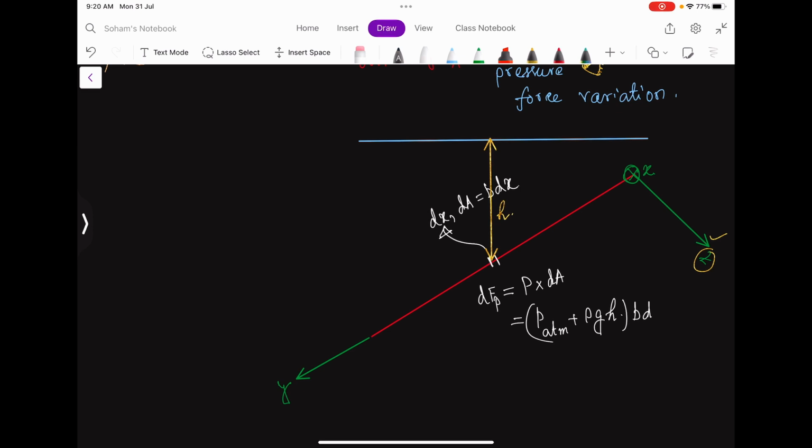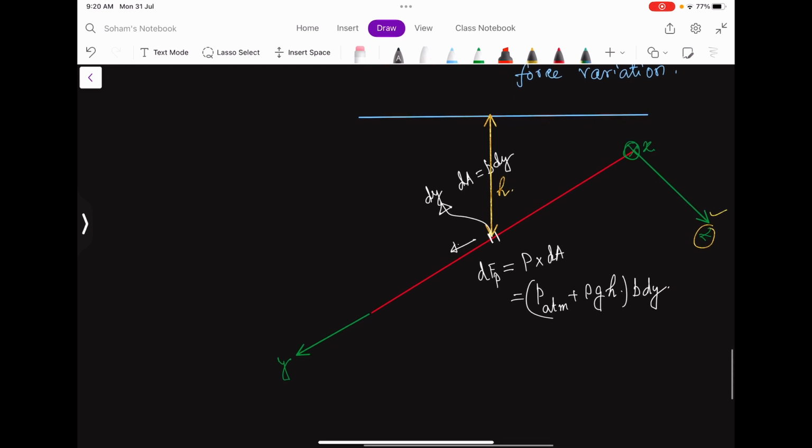In this direction I have the y, so let me directly replace this x by y, that is, this is dy, and this is also dy, just to avoid the confusion, nothing else.